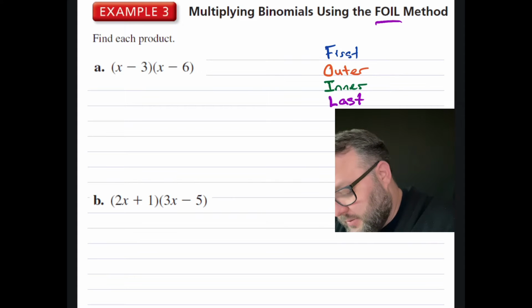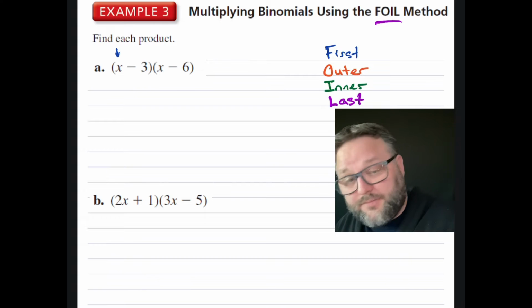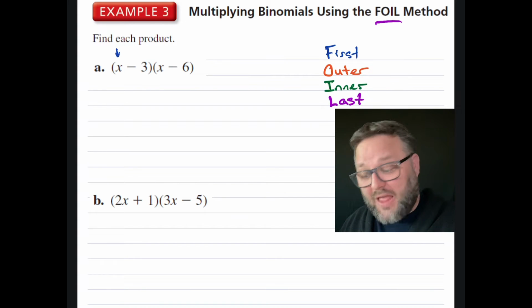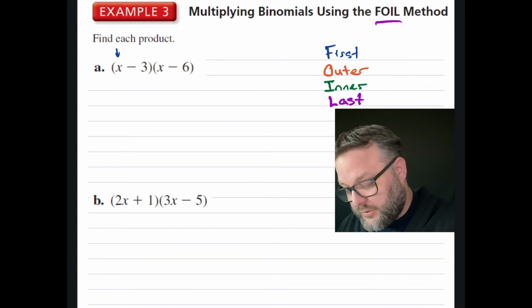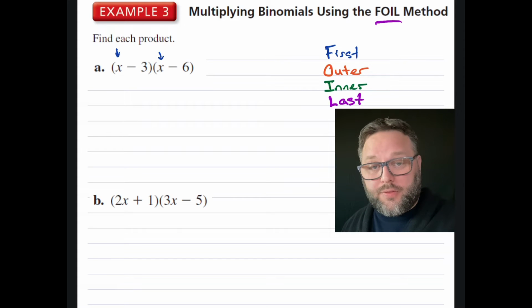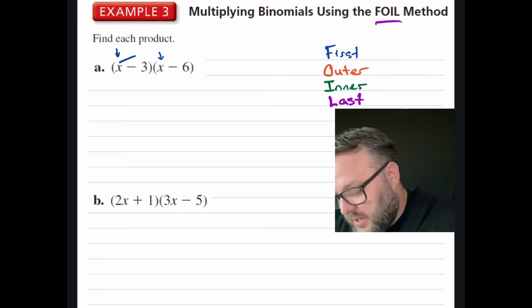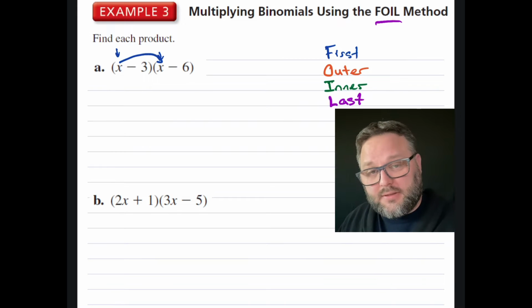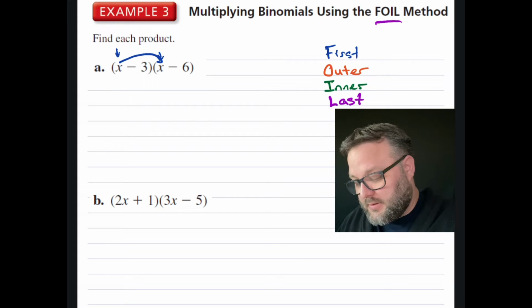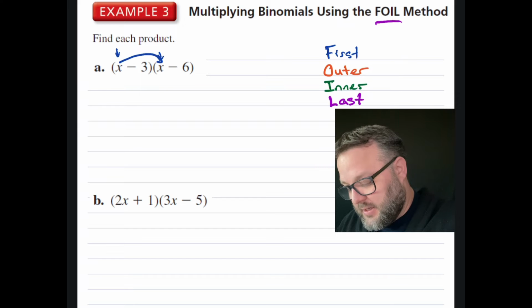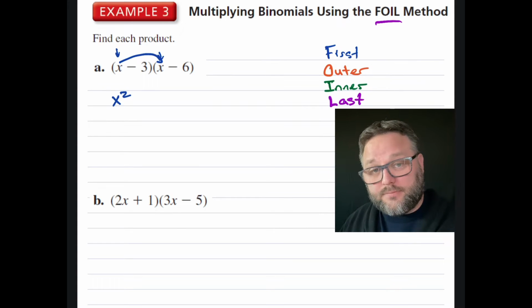First means I'm going to look at my first term here, x, and multiply that term by the first term in my other binomial. So sometimes you see it drawn like this. Well, x times x is x squared.